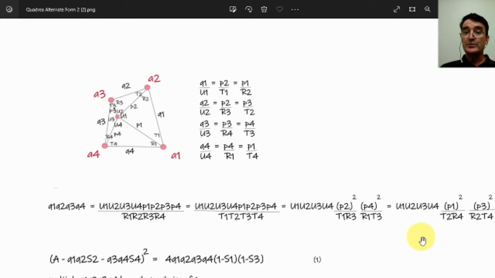And lastly, when we use the terms P1 and P3 in the numerator, we get U1 times U2 times U3 times U4 times P1 squared times P3 squared divided by T2 times R4 times R2 times T4.